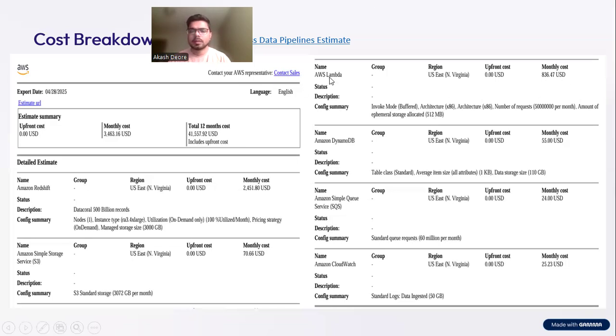But this Lambda service requires us to pay around $800 per month. So the entire cost for this architecture sums up to around $3,500 monthly. And if we consider the cost for an entire year, it is just under $42,000.